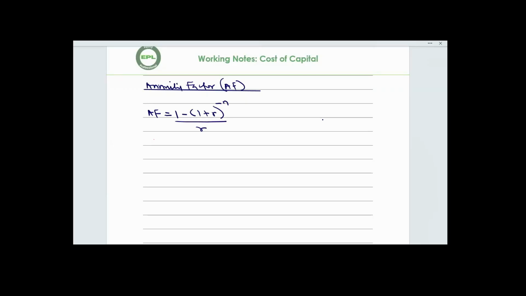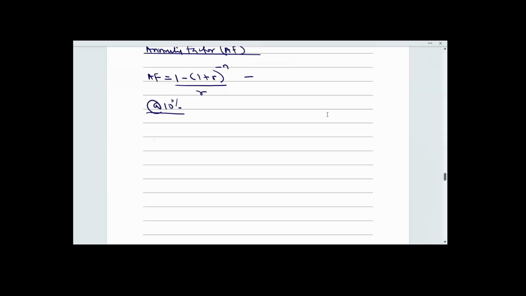So since we are assuming 10%, at a discount factor of 10%, this annuity factor will then be equal to 1 minus 1 plus 10%, which will give us 1.1, raised to power minus 5, since the maturity date of this debenture is 5 years, divided by 0.10.